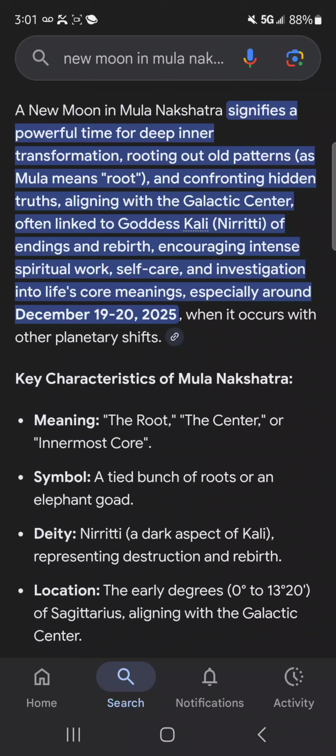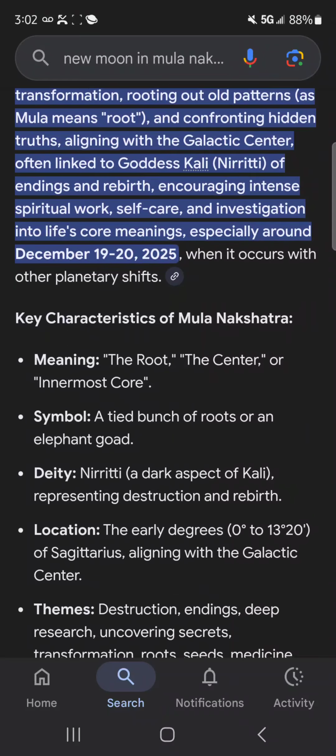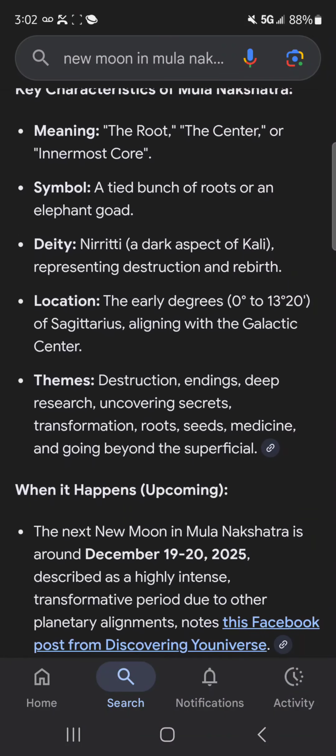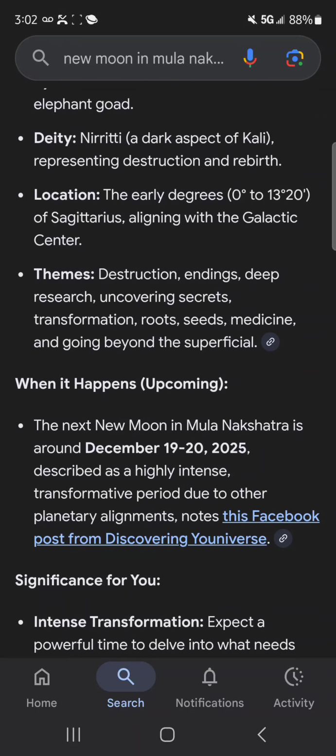So we're investigating life's core meanings, and the root, the center, the innermost core, and the themes are, again, destruction, endings, deep research, uncovering secrets, transformation, roots, seeds, medicine, and going beyond the superficial.